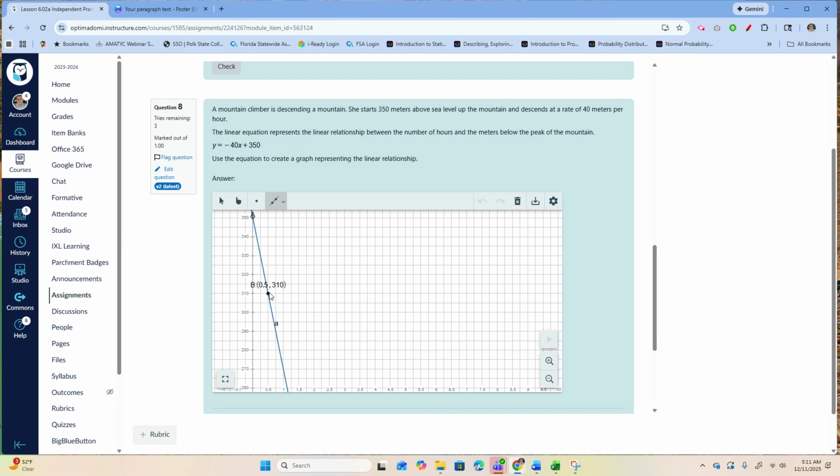I went 0.5. I need to go another 0.5 there. And one way to make sure you really counted by 1 is when you look at the point, you're going to see that it says 1 comma 310. Okay, so you went 1 to the right. You can also see on the bottom, it says 1 there. See, 1 right there. Okay, that's how you know. And this is how you do this problem. I hope this helps.